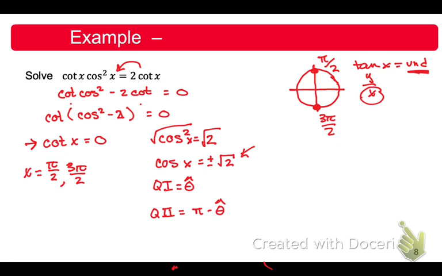The third quadrant, I'm going to take pi plus my reference angle. And the fourth quadrant, I'm going to take 2 pi minus my reference angle. So I've got to find my what? Reference angle. Anybody remember how to find an angle on your calculator?